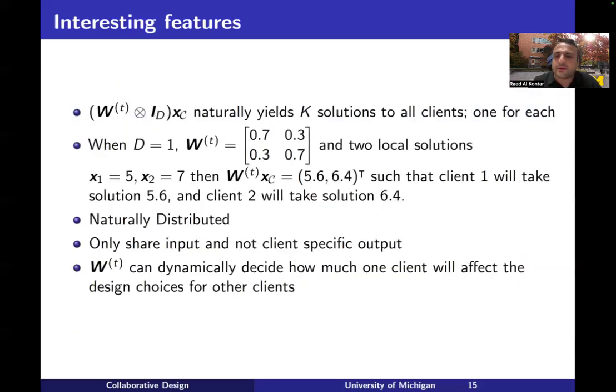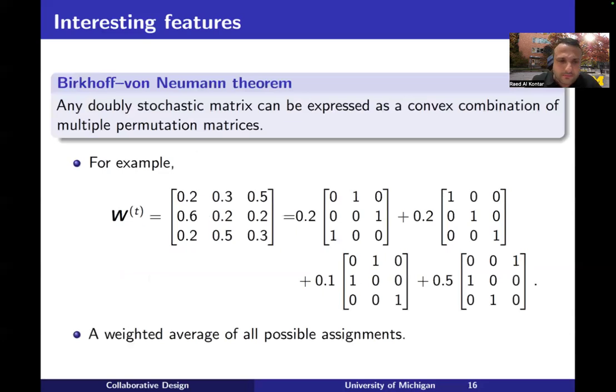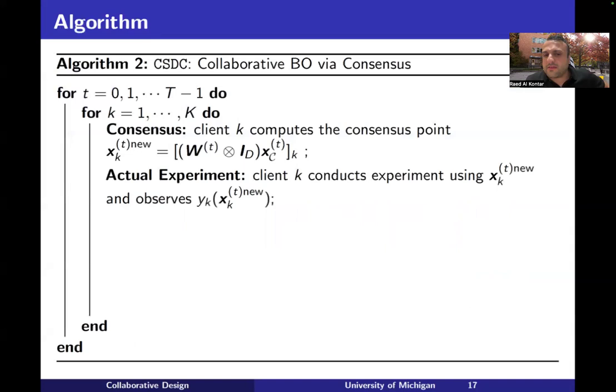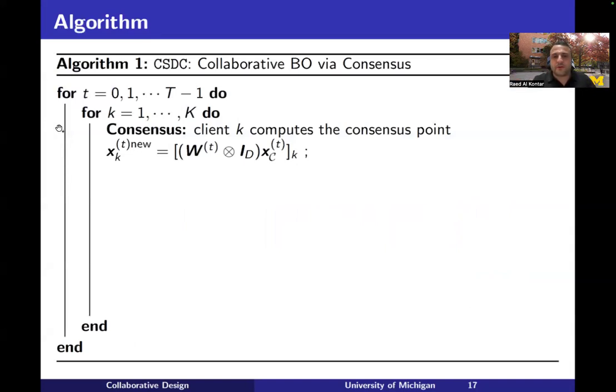Okay, and indeed you can think about W as a weighted combination of permutation matrices. So instead of I give you your solution, you give me my solution, we're taking a weighted combination of these permutation matrices. Okay. So before describing how we design W, I'll give you some examples, but I intentionally want to keep this framework generic. The approach is very simple from a collaborative perspective.